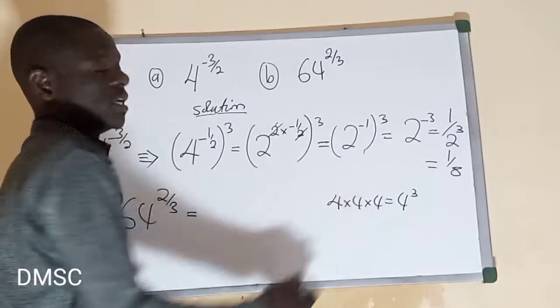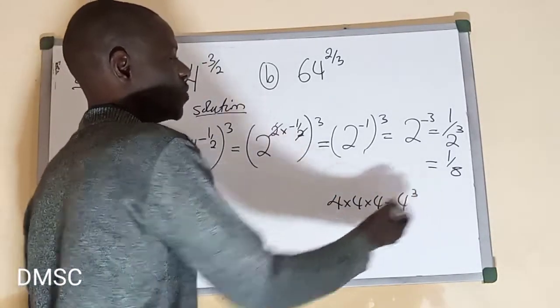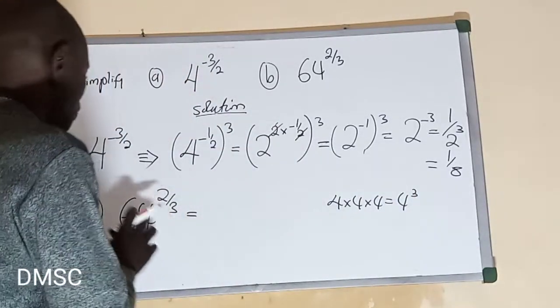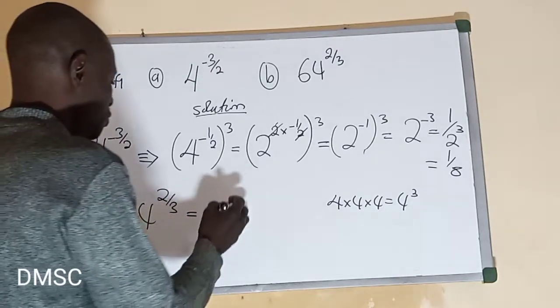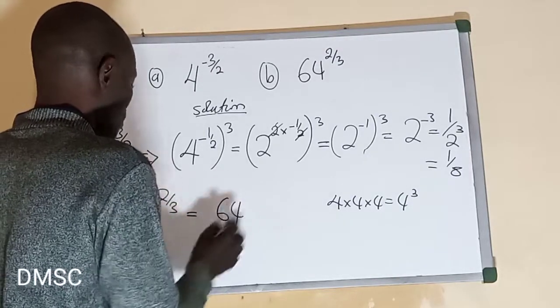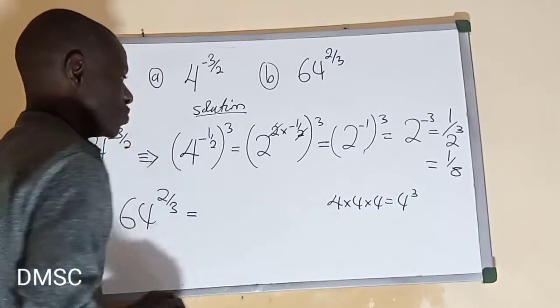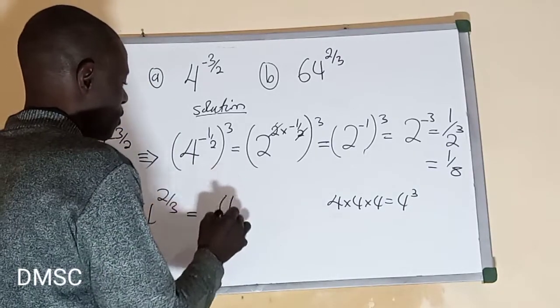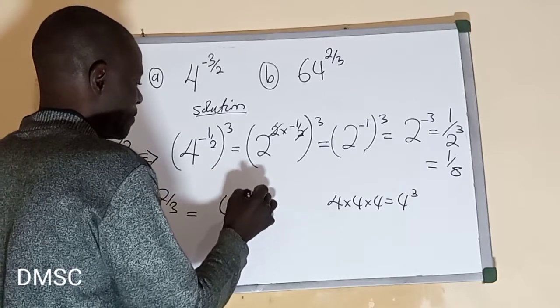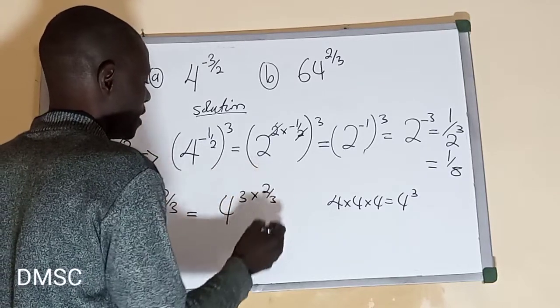Because 4 times 4 will give us 16, and 16 times 4 will give us 4 raised to the power of 3. So we may now decide to change it to 4 raised to the power of 3 times 2 all over 3 again.